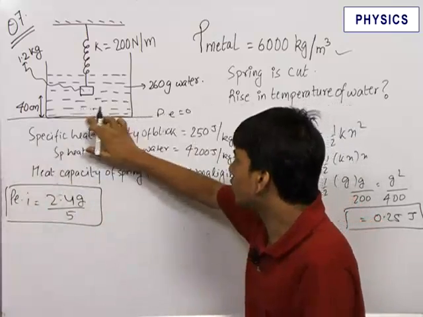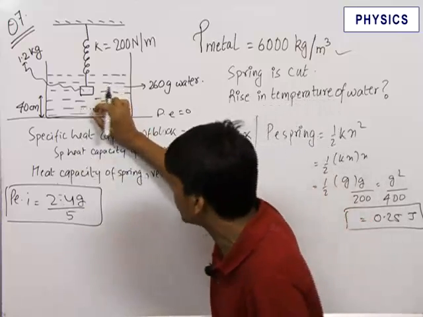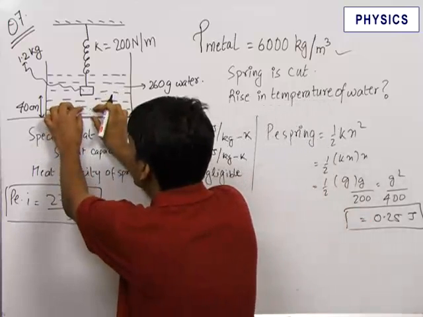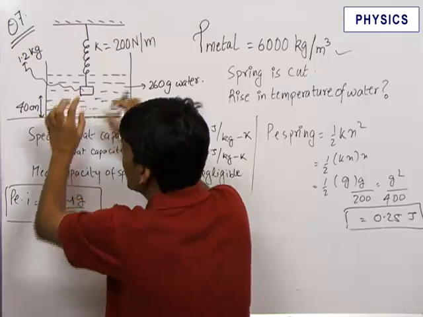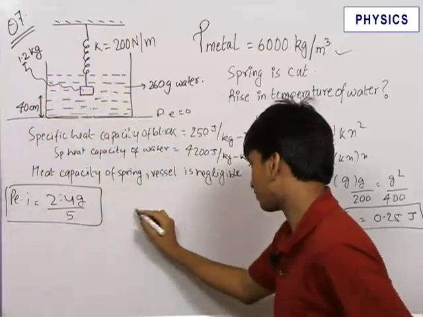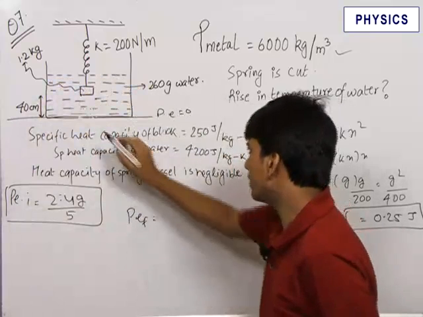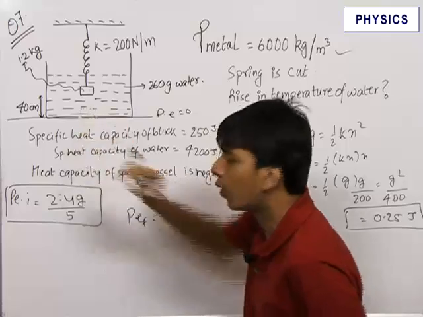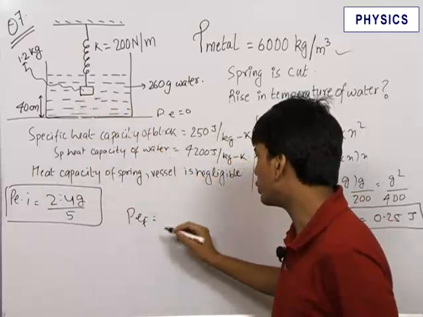Since the block comes down to level 0, the potential energy of the block is 0, but there is some potential energy of this block of water which was initially here. This block replaced its position, so this mass of water can be assumed to be taking the position of the block. Therefore, the final potential energy of the system is equal to the mass of this block of water, that is equal to the mass of the 1.2 kg block.